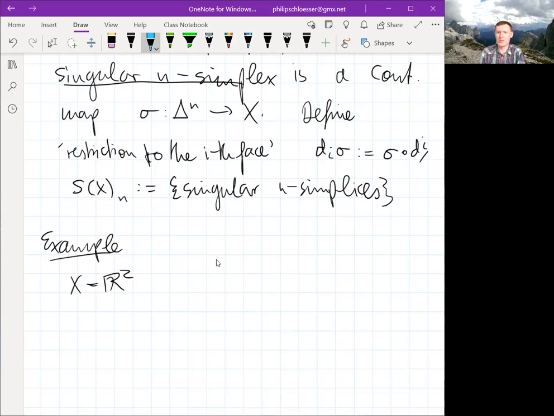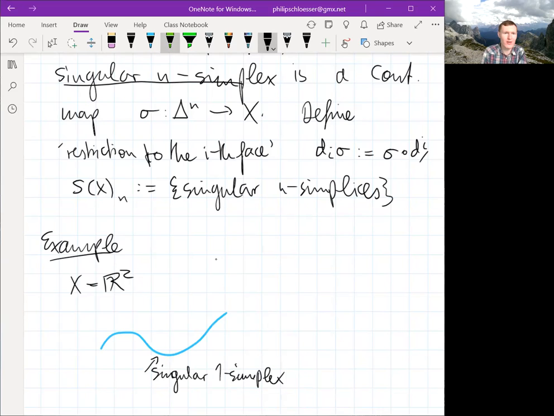It's just a continuous map. It doesn't have to be straight, whatever that is supposed to mean. So this is a perfectly valid one simplex, or let's say it is the image of a singular one simplex.